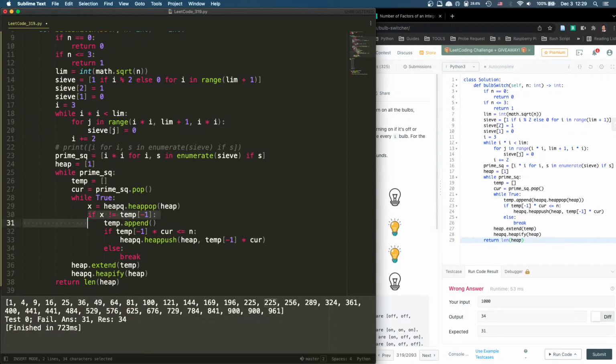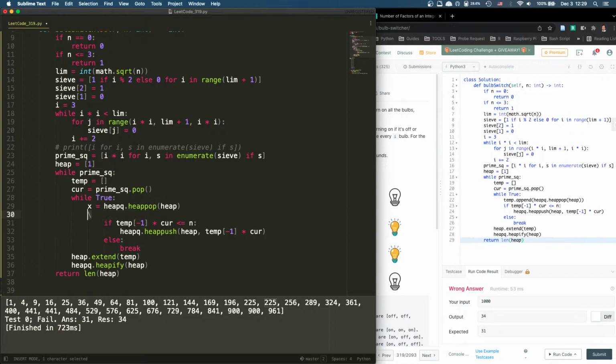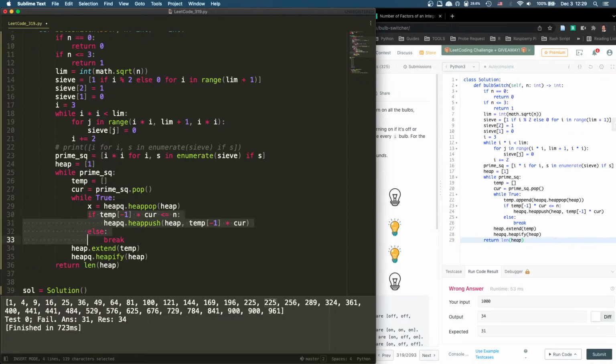So, hold on, so x equals this, right? So x equals this, and then I say if it's this, so we push it in. Right? If it's this, we push x times current. So if x times current is smaller than n, now we push it into the heap.